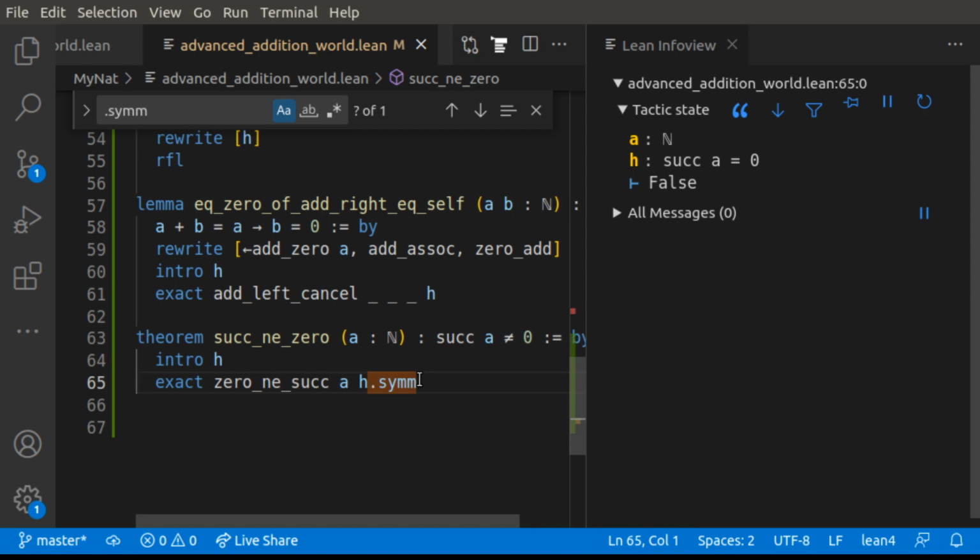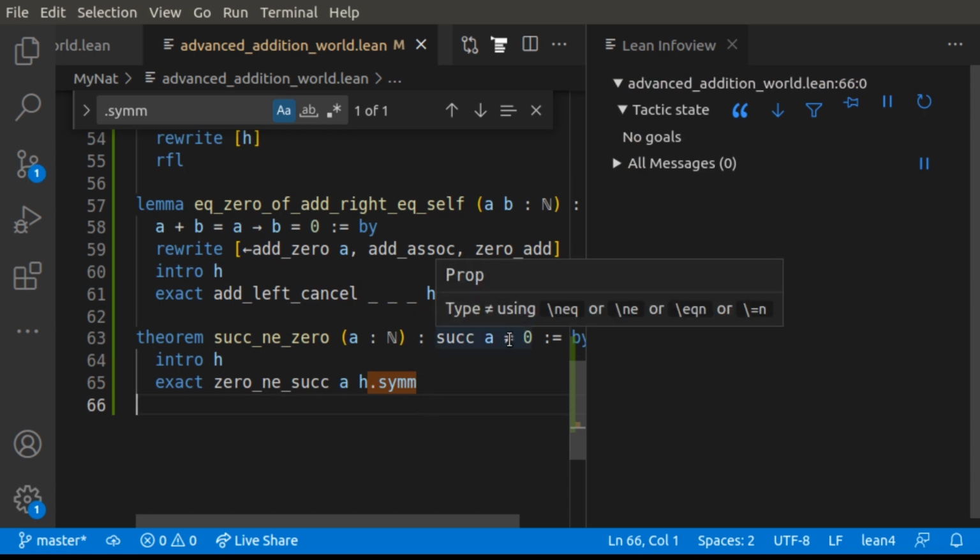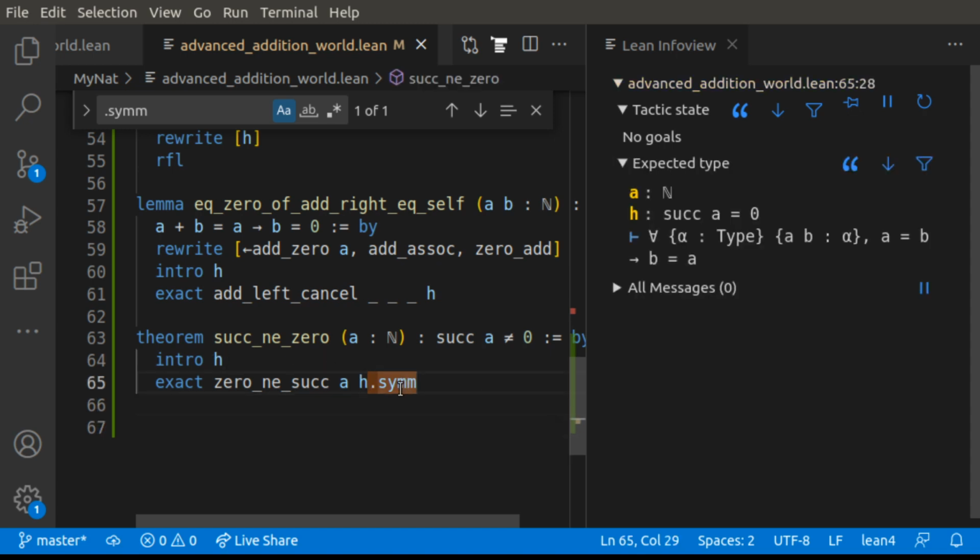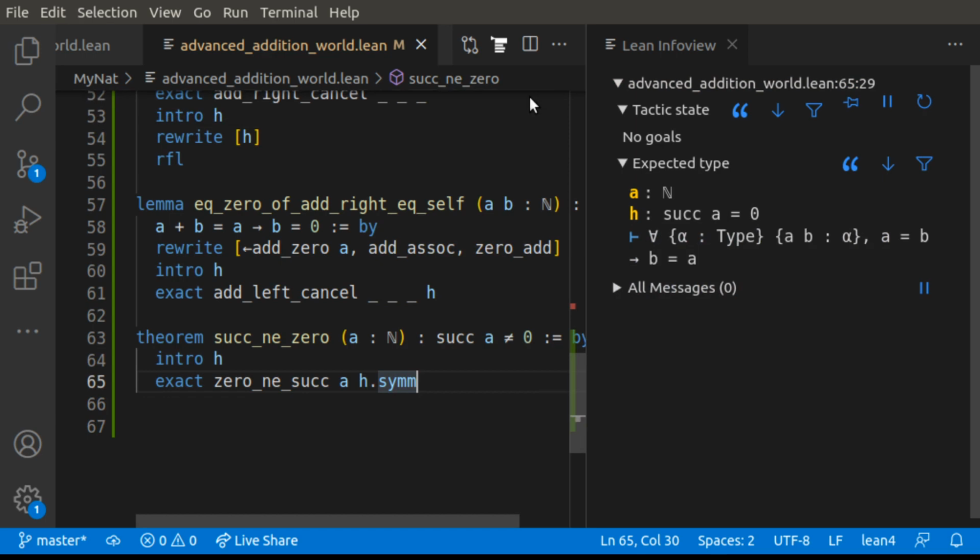Nice. And then yeah, that's the successor not equal to 0, I think. Great. That solves that using the symmetric thing of equality.